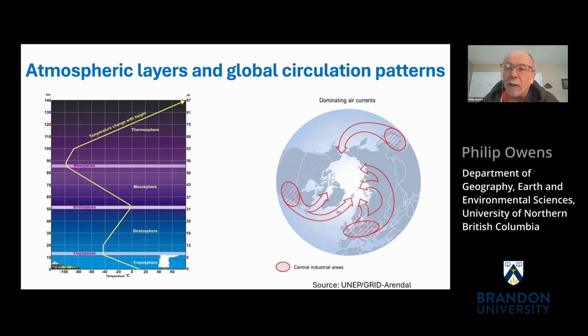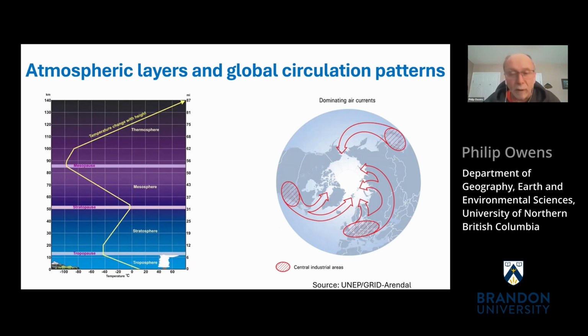And in the case of the Arctic and parts of North America, we see the pattern that's illustrated here. And what it means is that a lot of atmospheric material that might have a source, for example, in the eastern seaboard of the United States, or it might be in Europe or parts of Asia, preferentially moves northwards with these prevailing air currents. So it then rains out onto the Arctic and glacial environments in the north.